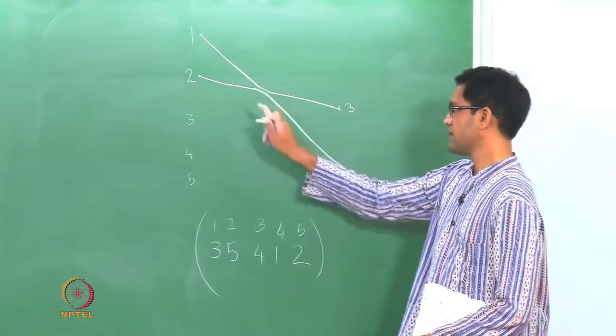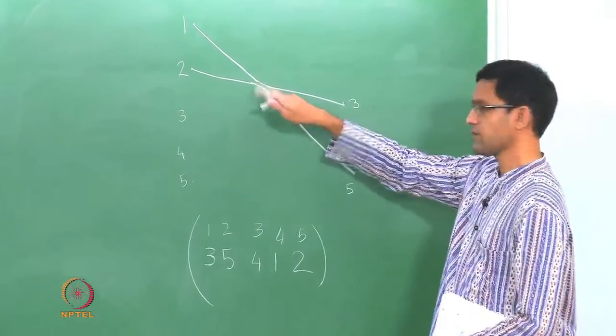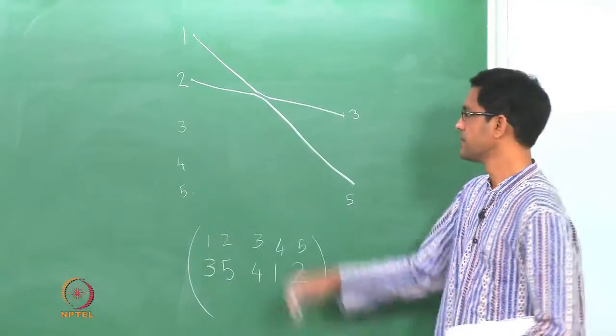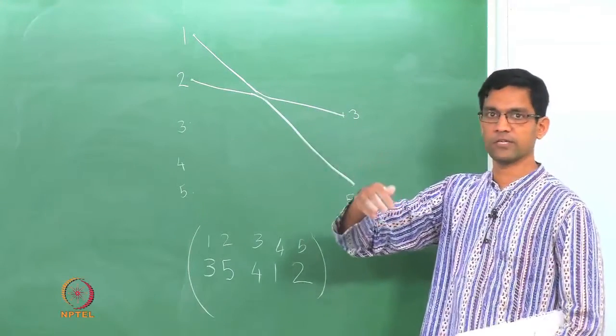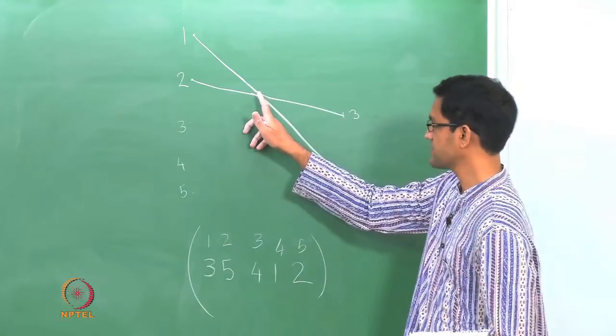Okay. So, what we have now done is 2 was initially being mapped to 3, but at the point of intersection we just tweaked it a little bit and sent it off to 5 instead. Similarly, 1 which was mapping to 5, at the crossing point we make it change its mind and go off to 3. Okay. So, what you really have is a diagram which looks like this.